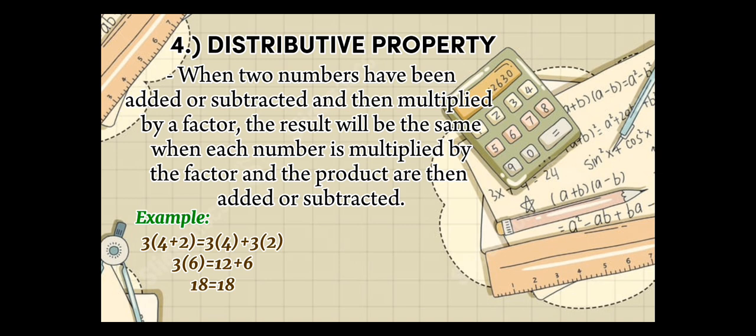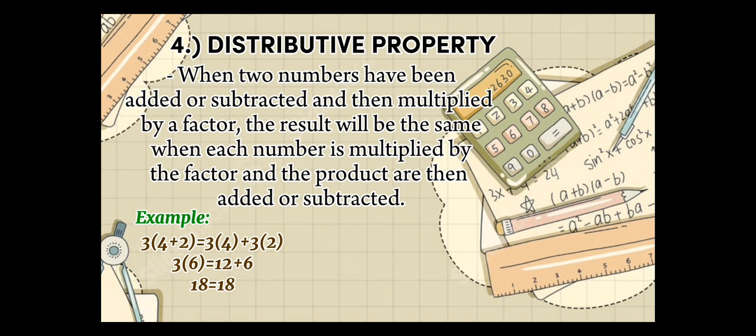That's why we have 3 times 4 plus 3 times 2. On the left side, simplify first the numbers inside the parentheses, so it will become 3 times 6. On the other side, 3 times 4 is equal to 12 and 3 times 2 is equal to 6. That's why we have 12 plus 6. Now, 3 times 6 is equal to 18 and 12 plus 6 is equal to 18.